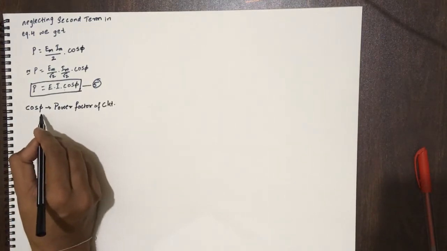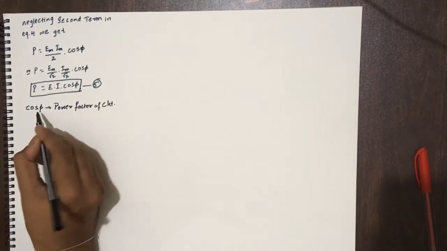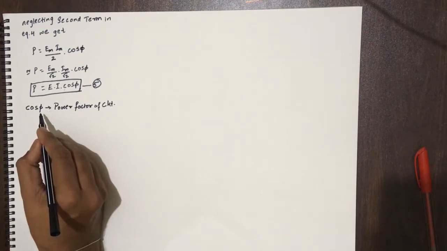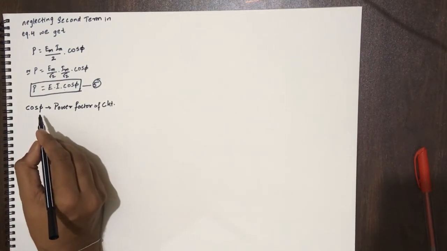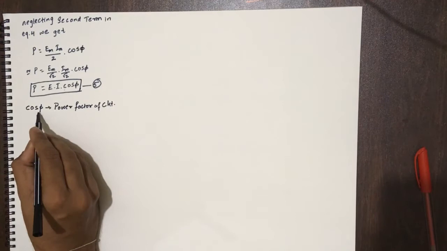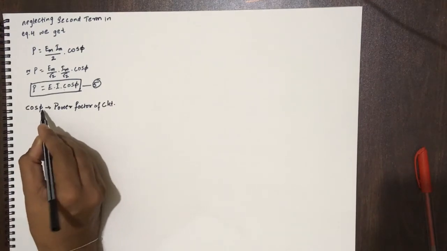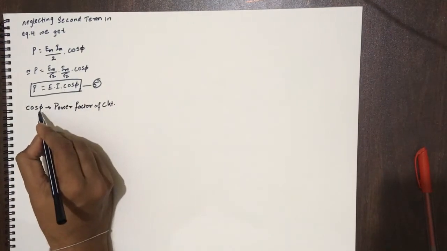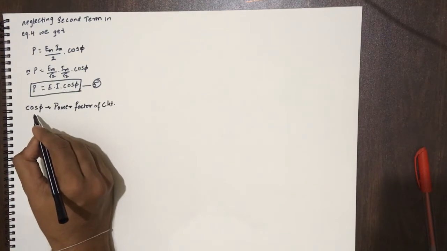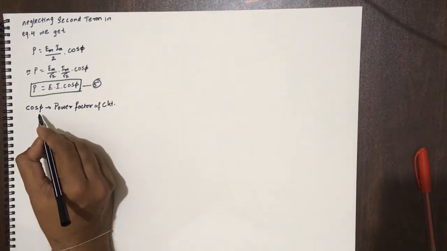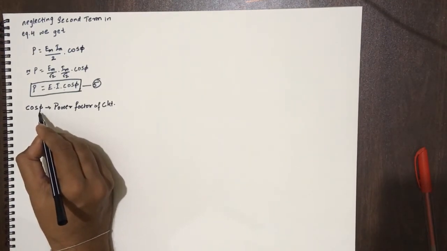Now what is cos phi? Cos phi is nothing but the cosine of the angle between voltage and current. Very simply, it is defined as the cosine of the angle between voltage and current, because phi is the angle between voltage and current.